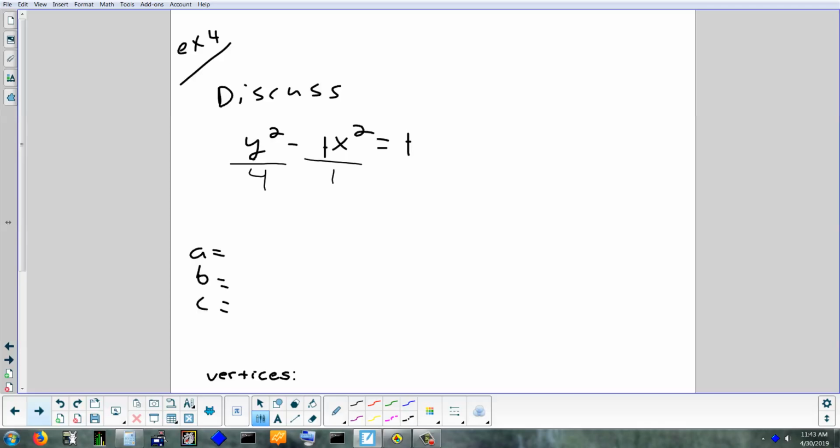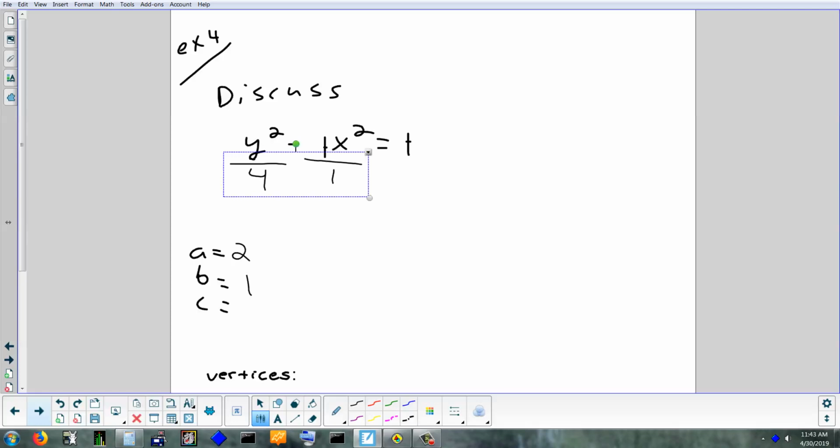Okay. So Isaac, what is A here? Careful, that's A squared. 2. A is 2. And Isabel, how about B? 1. Okay. Not because there's a 1 here, but because the square root of 1 is 1.